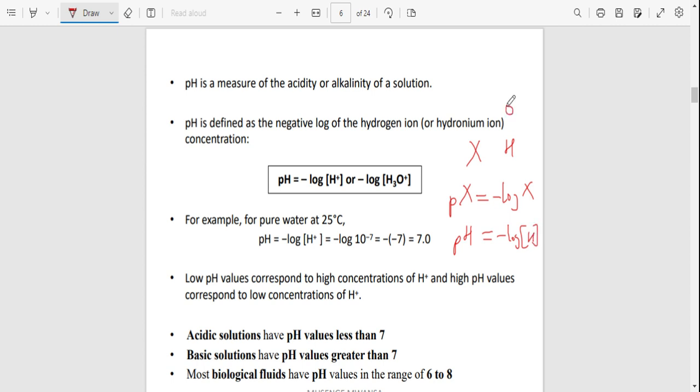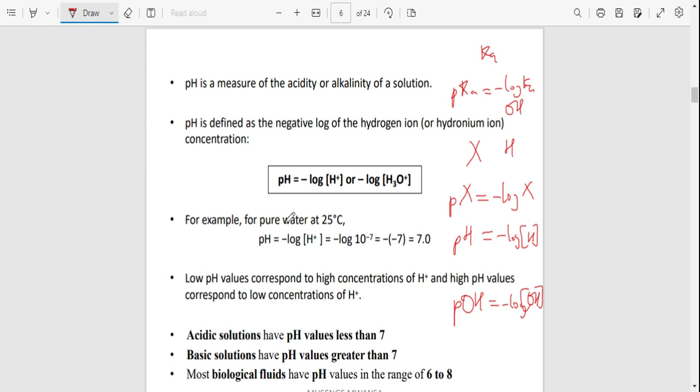If I've been given OH, I can find what is called pOH, and that is given by negative log of hydroxide concentration. If I've been given Ka, I can find what is called pKa, and that is just given by negative log of Ka. So negative log of something will give you the p of that something. Negative log of H is pH, just like that.